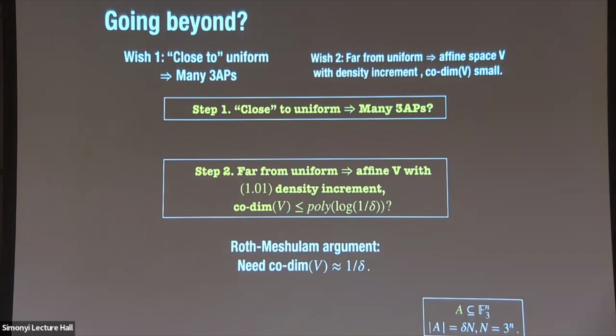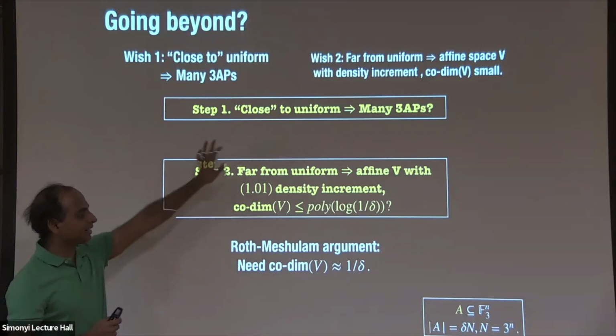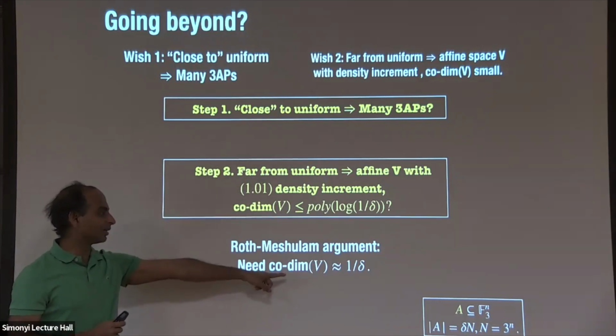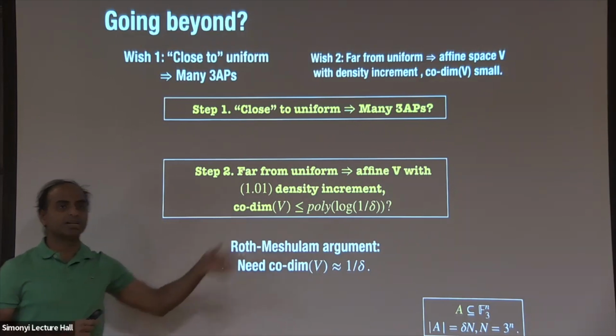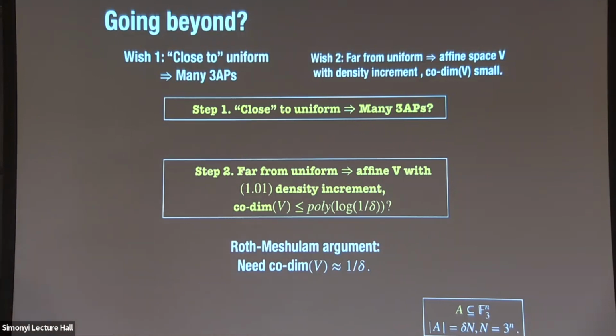Okay, that's a kind of reference line for us. In the Roth-Meshulam argument, if you started out with density delta, you needed codimension 1 over delta because you had to do it 1 over delta times. And to get the real improvement, you need poly log 1 over delta. So you need significant improvement in how large a subspace you're going to find for which you can find constant factor improvement. Okay.